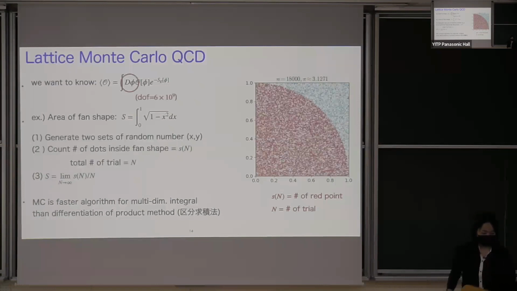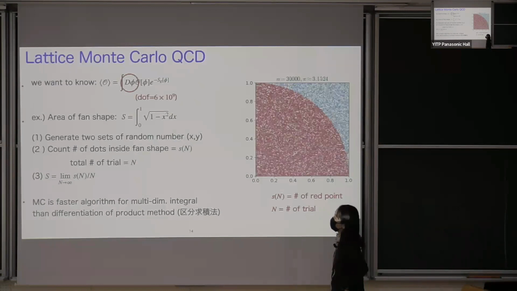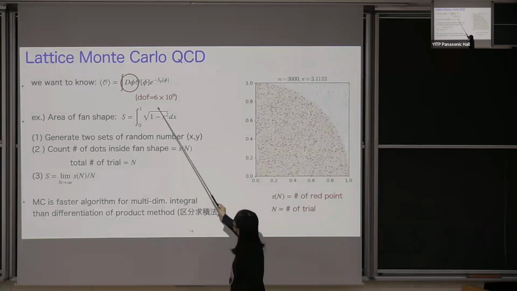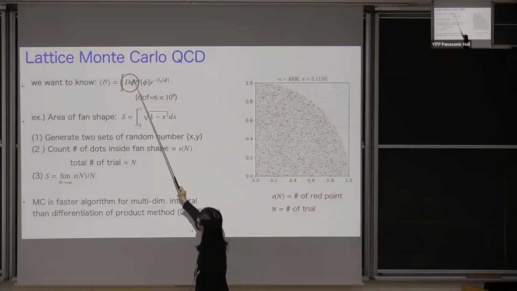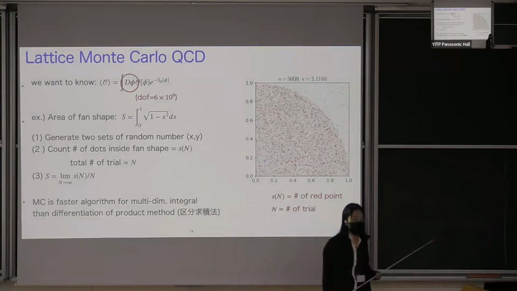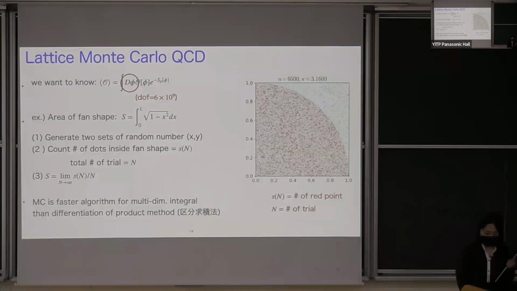And actually, in our lattice Monte Carlo simulation, I continue the work using the supercomputer Fugaku. In my simulation, I have 6 billion degrees of freedom in this integration. So we need a fast algorithm.